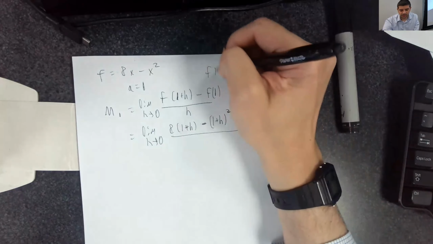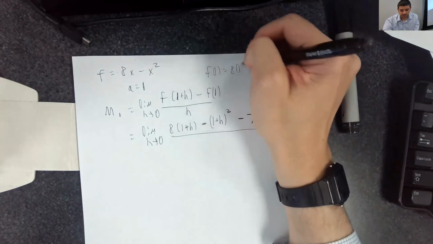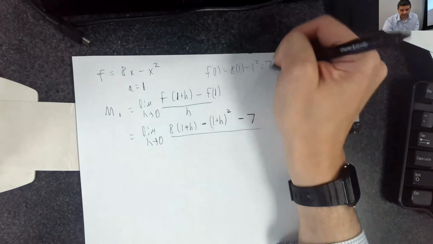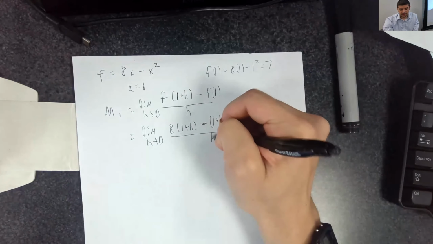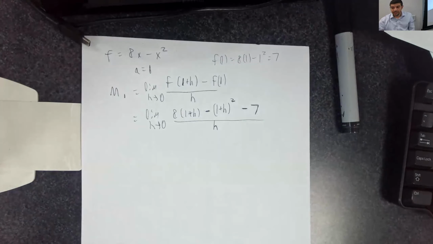So f of 1 is 8 times 1 minus 1 squared, which is 7, divided by h. See if you can do this. Write this out. How will you know that the algebra is correct? The h will cancel, the h in the denominator. Good little exercise. See if you can do this without an algebra error.